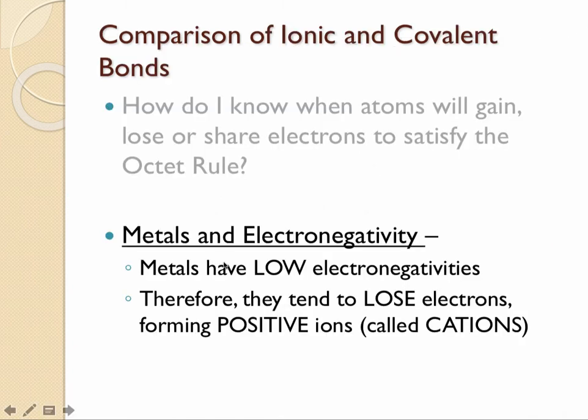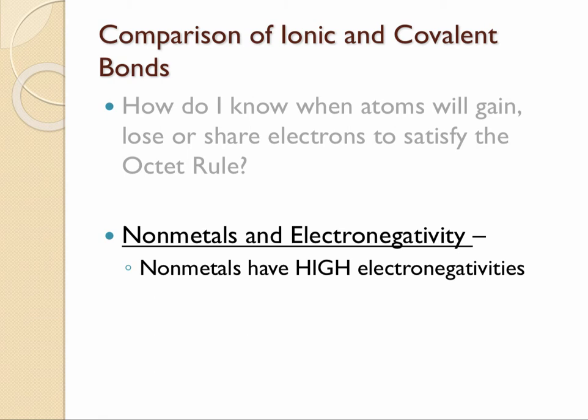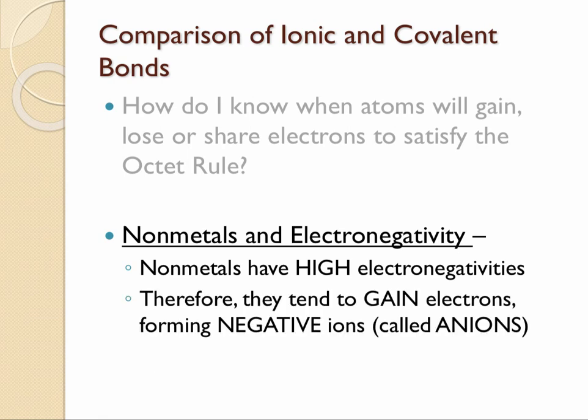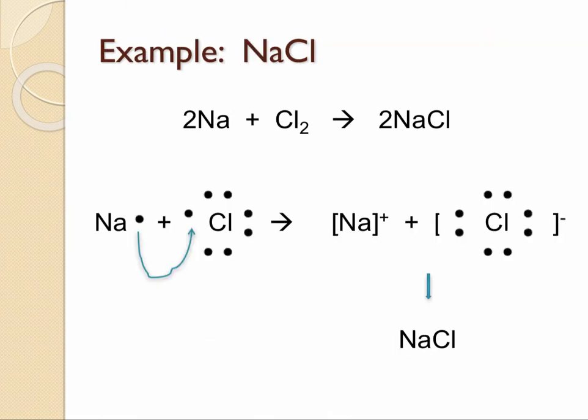So metals, with low electronegativities, tend to lose electrons because they don't have the ability to keep them attracted to themselves. They form cations. Nonmetals, with high electronegativities, tend to gain electrons and form those anions.